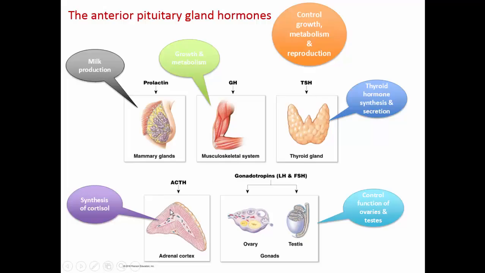ACTH targets the adrenal cortex and controls synthesis of cortisol. The gonadotrophins, luteinizing hormone and follicle stimulating hormone, control the function of the ovaries and the testes, so therefore are important in reproduction.